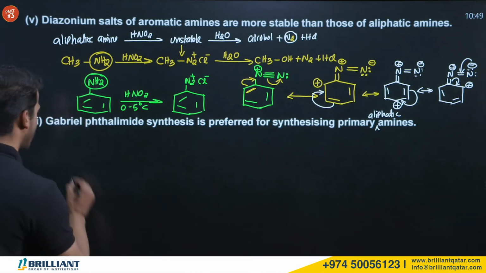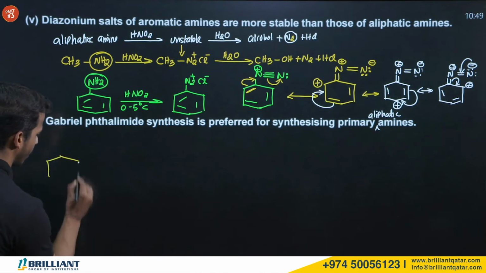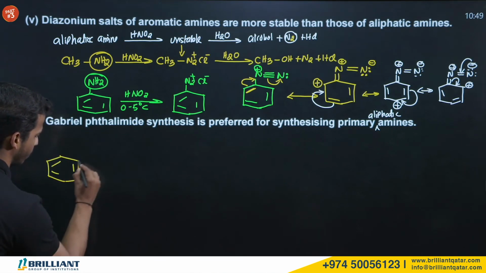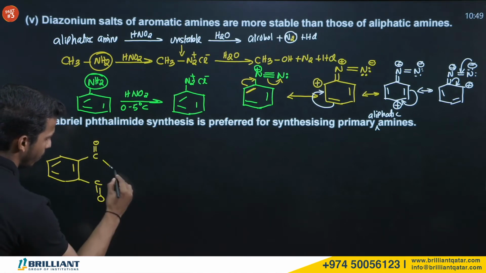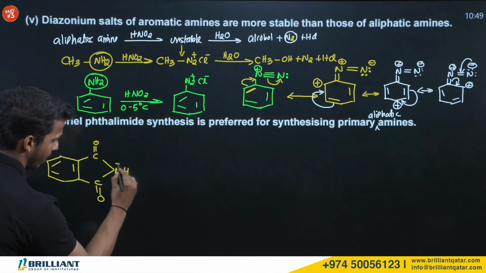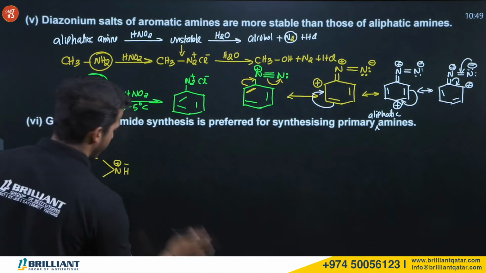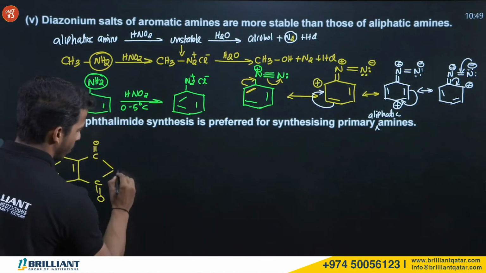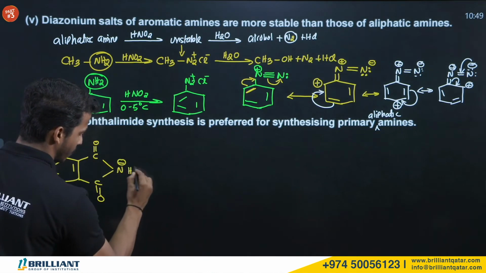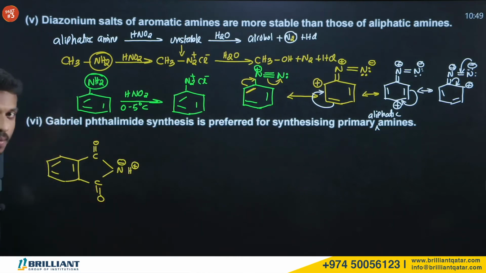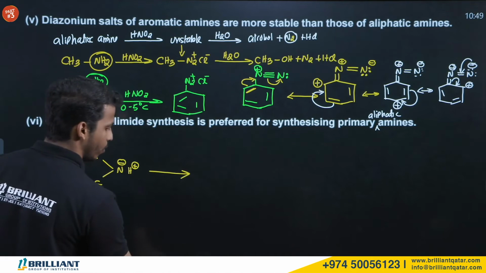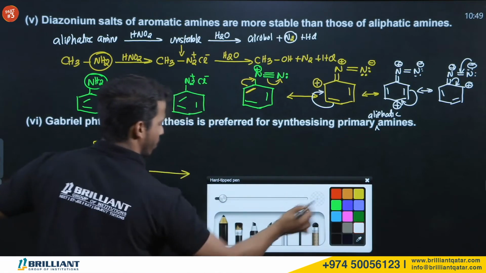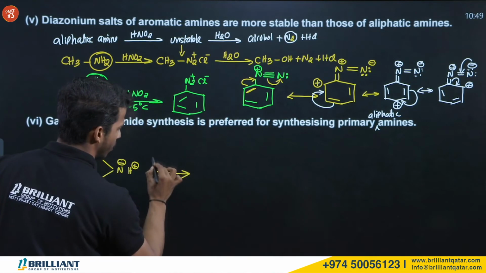See, what is Gabriel phthalimide synthesis? Our starting material is phthalimide. Phthalimide is benzene with CONH, with N minus and H plus. This is called phthalimide. In the first step of the Gabriel phthalimide synthesis, you treat the compound with which one? Alcoholic KOH, right?